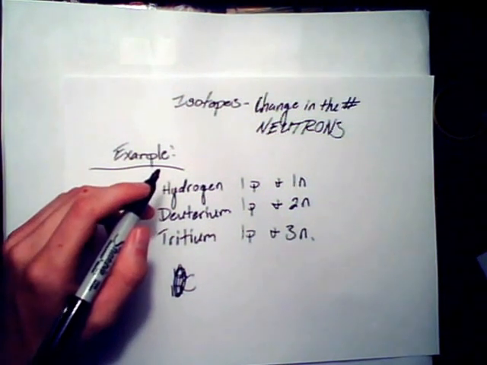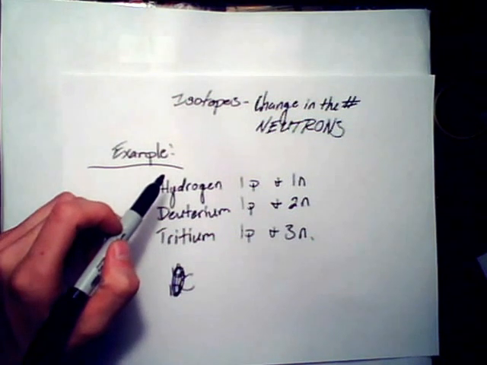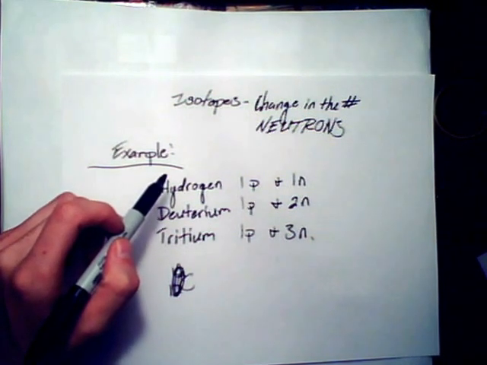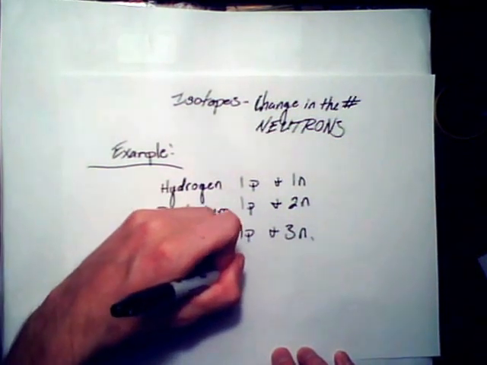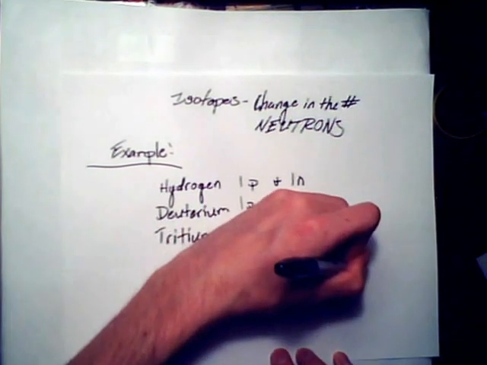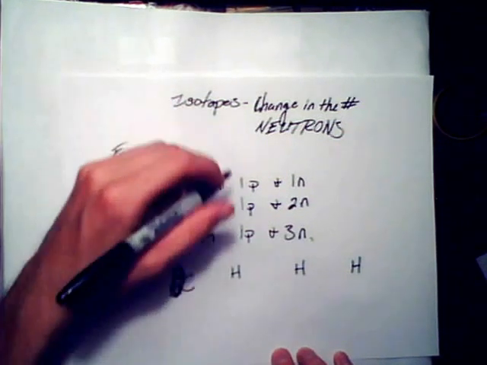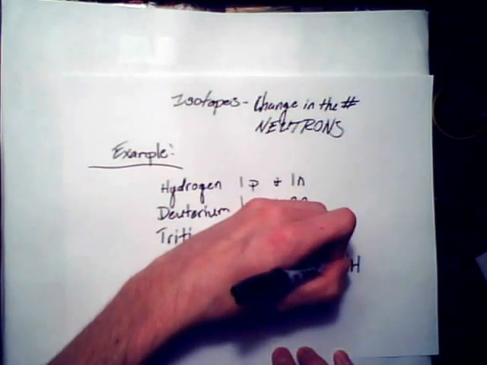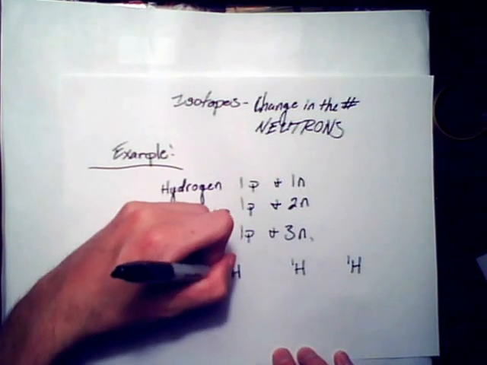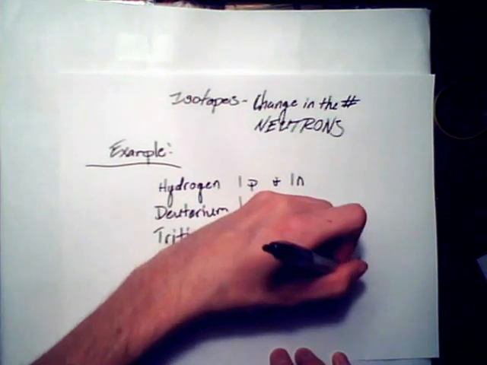So if we wanted to represent pictorially what this would look like, you would have hydrogen 3 times. You draw an H, which is the atomic symbol for hydrogen. You always put protons in the top left, and then you can put neutrons on the bottom left.